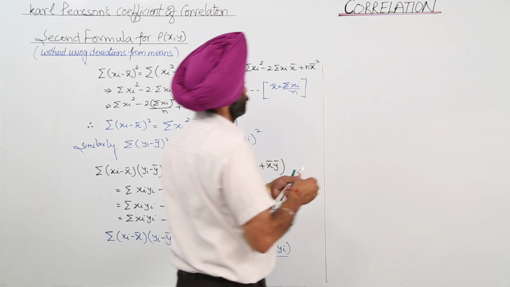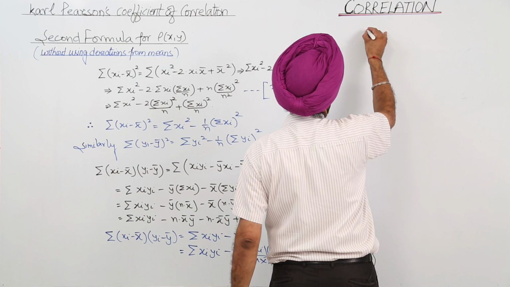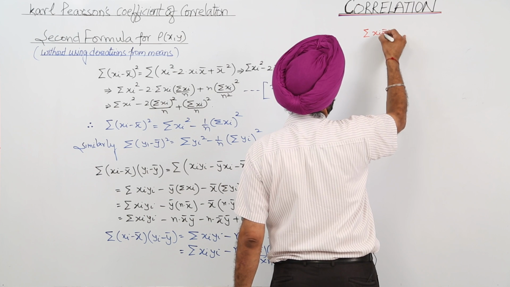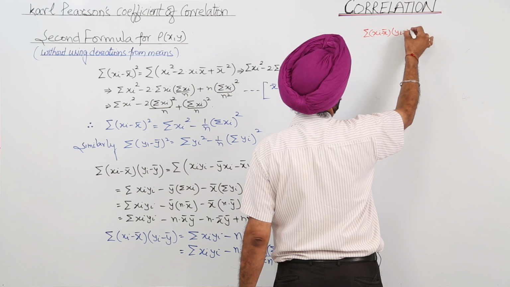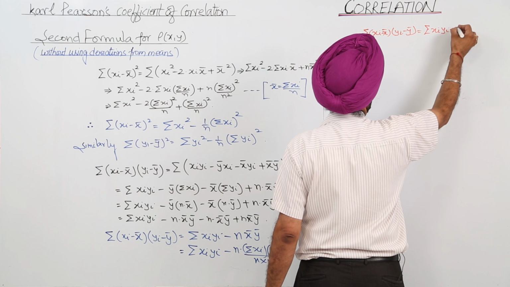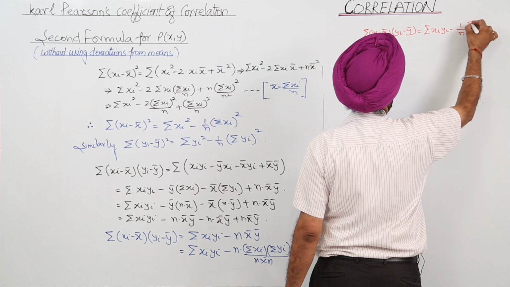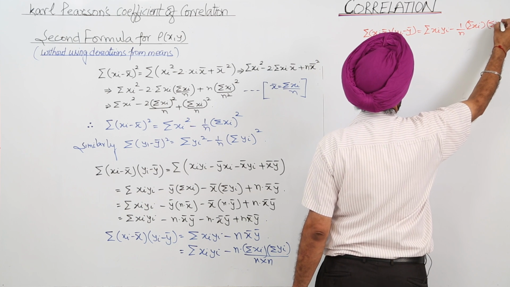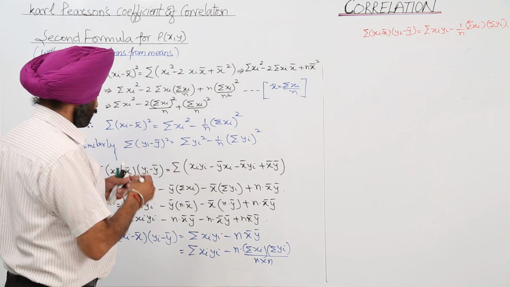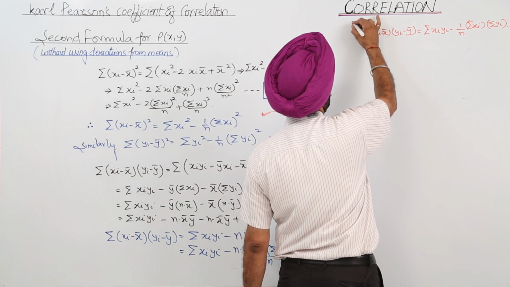So we are left with summation of (xi minus x mean)(yi minus y mean) equal to summation xi yi minus 1 by n summation xi summation yi. Okay, this part. So now we have three different things: 1, 2 and this part as 3.